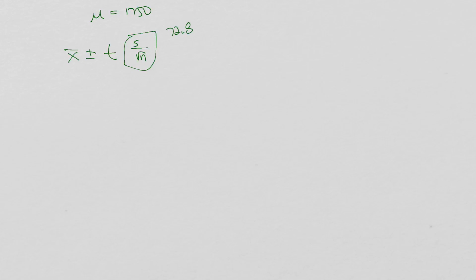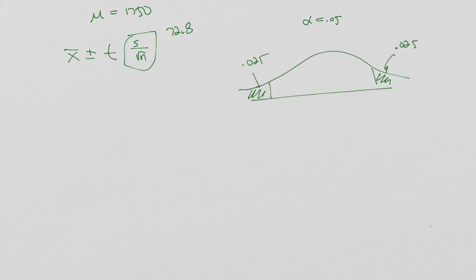Here we are making a confidence interval based on alpha being 0.05, which means we want 5% total in these two tails, so this gets half of it and this gets half of it.